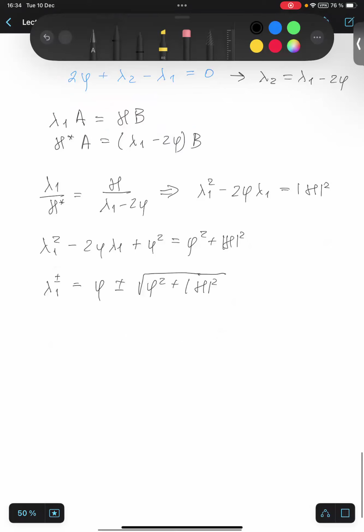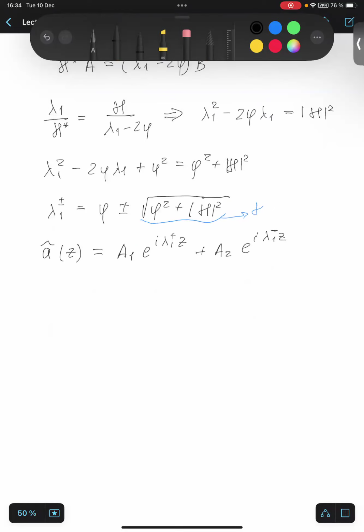This means basically that our solution A(z) is nothing else than some constant A1 e^(i lambda 1 plus z) plus constant A2 e^(i lambda 1 minus z). We also want to denote this square root as gamma for simplicity.